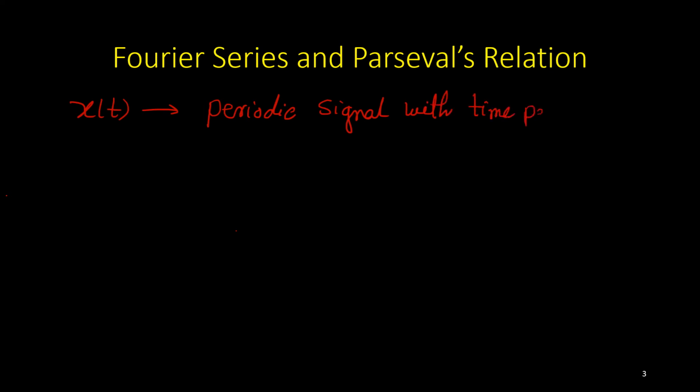Now consider x(t) as a periodic signal with time period T0. Thus, the angular frequency omega naught is 2 pi upon T0, and that is radian per second.